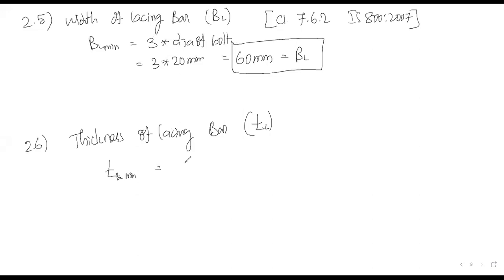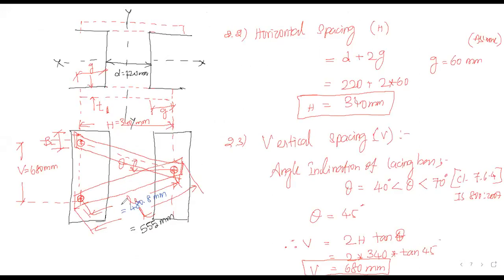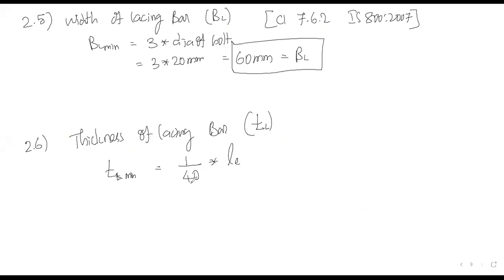Similarly, TL minimum requirement is equal to 1 by 40th, since we have used a single lacing system. So 1 by 40 into LE, 480.8 mm. The answer becomes 12.02 mm minimum.